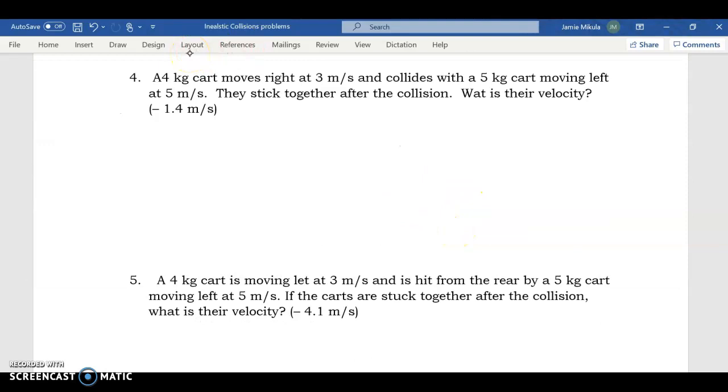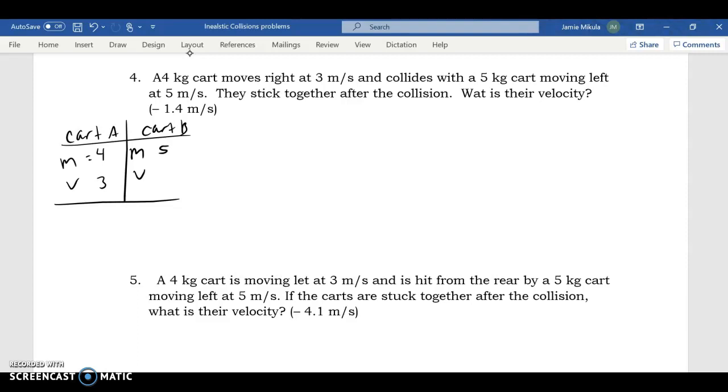Okay, number 4. So we have cart A and cart B. And then we have after, so mass, velocity, mass, velocity. The mass of cart A is 4, moves to the right at 3.